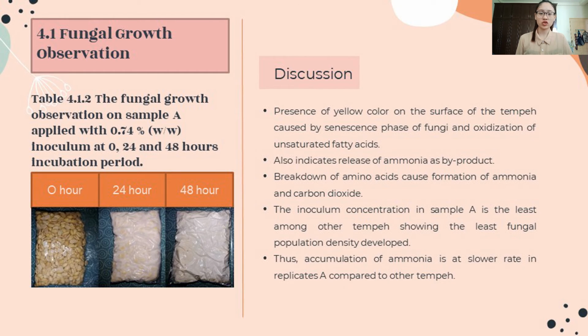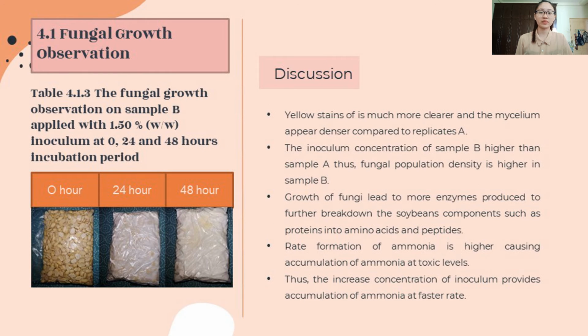Table 4.1.3 shows the fungal growth observation on sample B applied with 1.5% inoculum at 0, 24, and 48 hours of incubation period. The yellow stains of sample B are much clearer and the mycelium appears denser compared to replicate A. The inoculum concentration of sample B is higher than sample A, thus fungal population density is higher in sample B. Growth of fungi leads to more enzymes produced to further break down the soybeans' components such as proteins into amino acids and peptides.